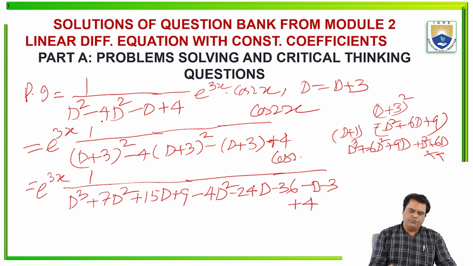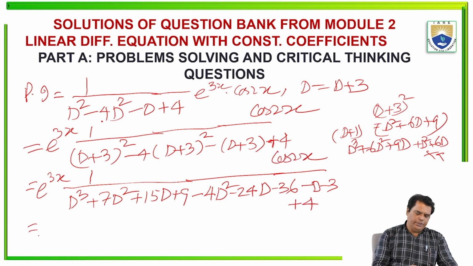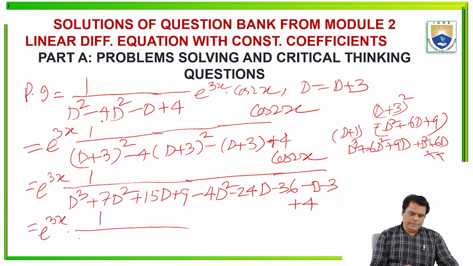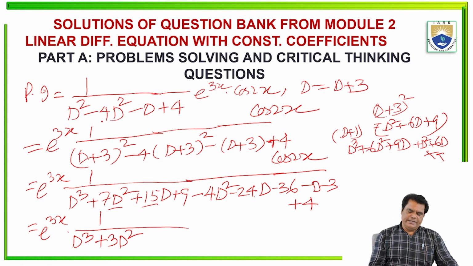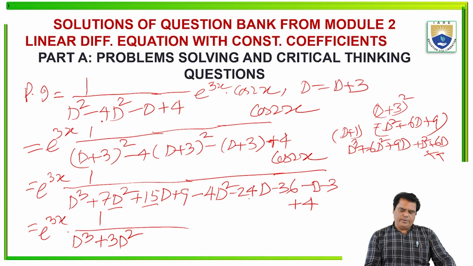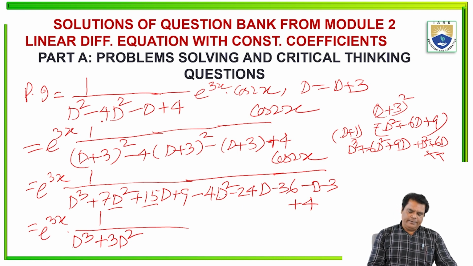So here is cos 2x. Now e^(3x) into 1 upon D³ + 7D² − 4D², 7 − 4 means 3D². And here 15D − 24D − D, minus 9D and minus D, minus 10D.